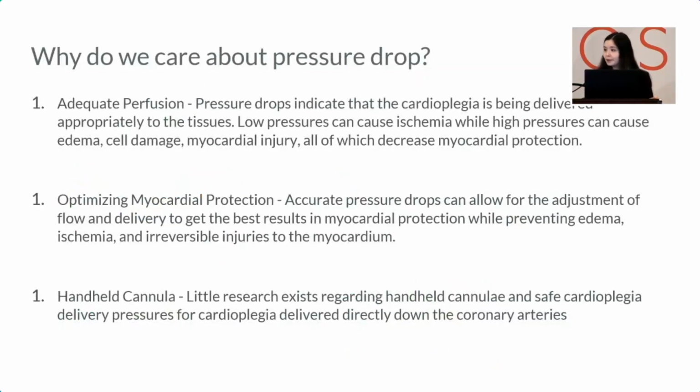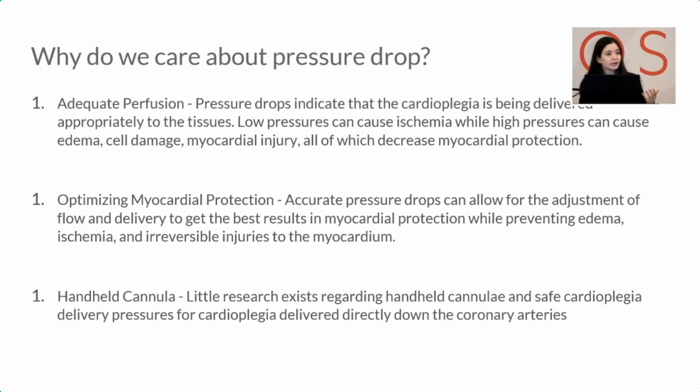So why do we care? Well, the biggest reason we care about any of this pressure drop nonsense is because we need to ensure adequate perfusion. Our pressure drops, specifically when we're talking about cardioplegia delivery, which is what my project is focused on, are important because we need to ensure that we are adequately delivering cardioplegia to the heart.